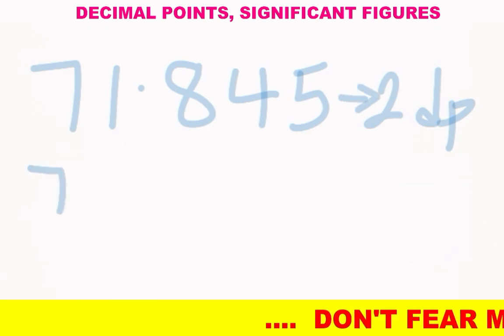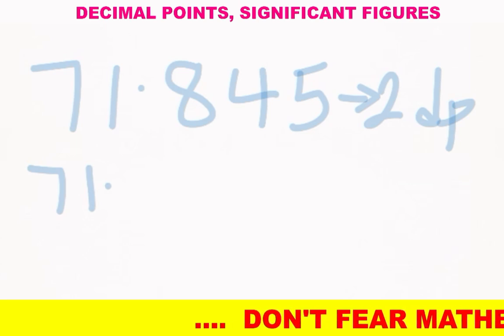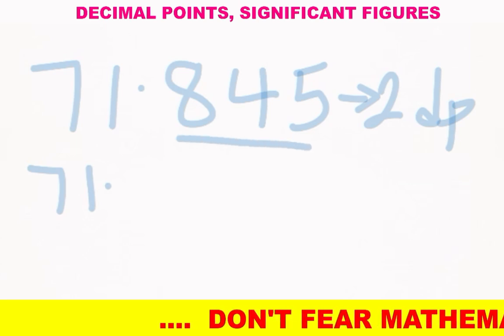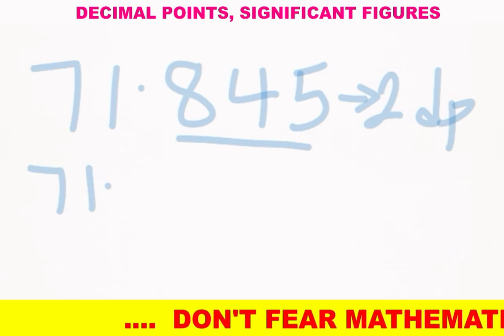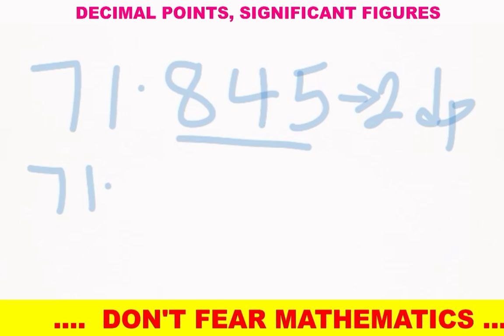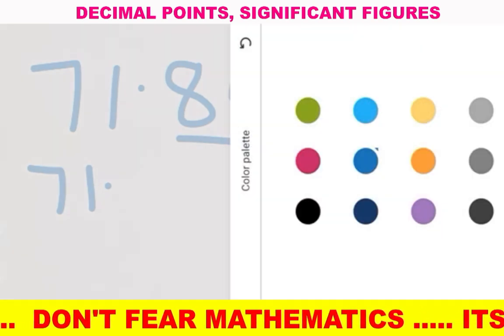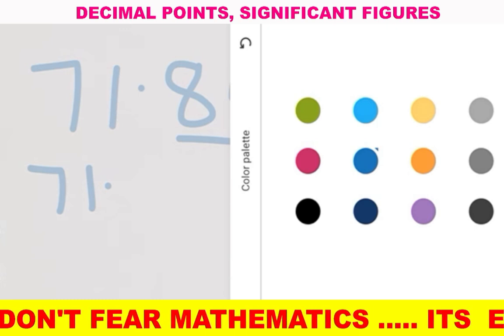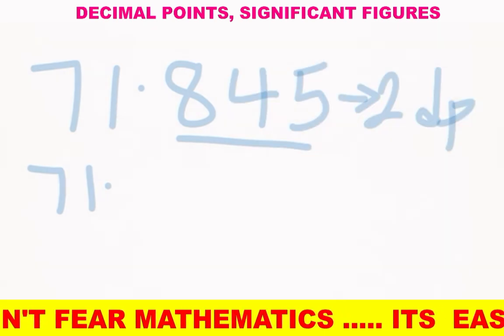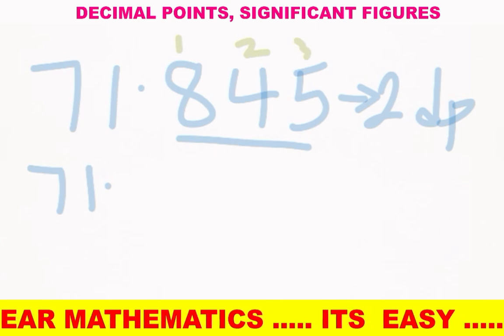Let's write our whole number part, because our focus should be on the numbers that come after the decimal point. Since it's 2dp, we have our first number, which is 8, after the decimal point. We have this one, we have this one, and we have this one.